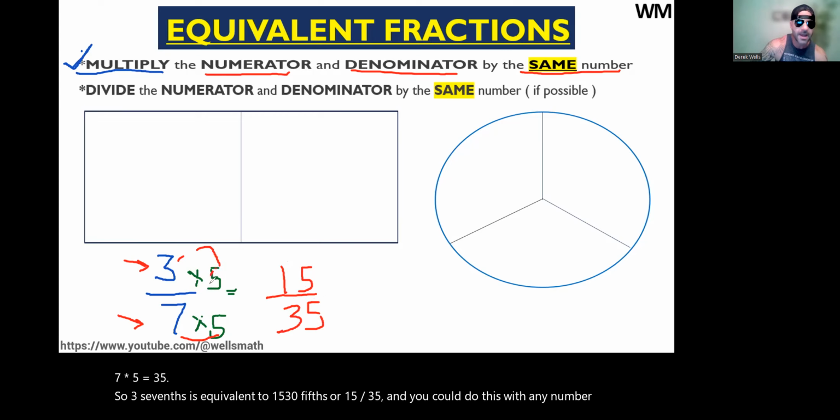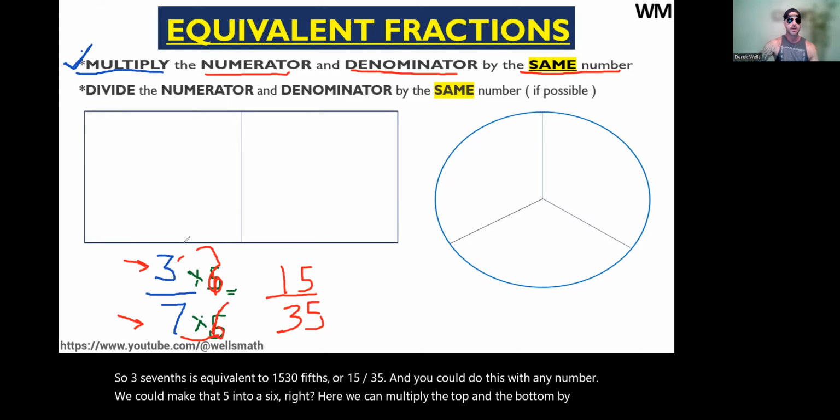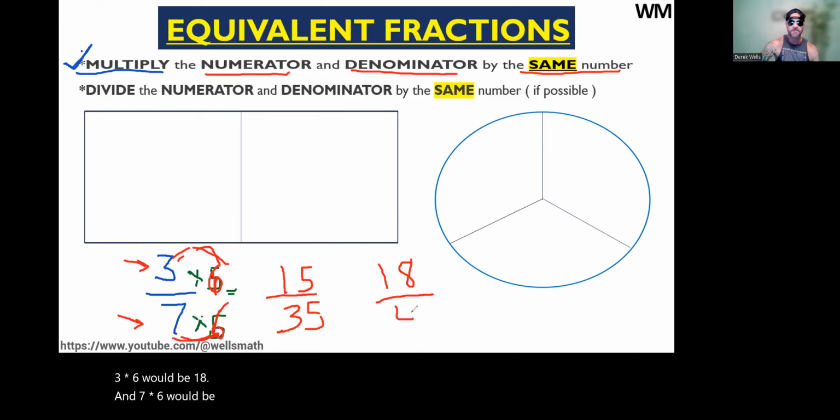We could make that 5 into a 6 right here. We can multiply the top and the bottom by 6. 3 times 6 would be 18. And 7 times 6 would be 42.